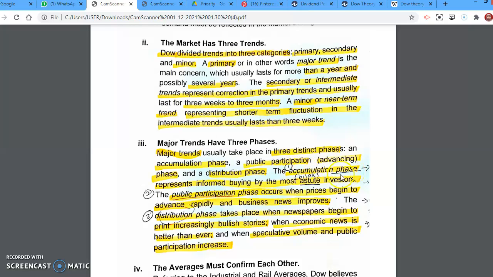Untuk accumulation phase, dia merujuk kepada keadaan di mana investors agak aktif buying and selling share. Okay. So it's stated over here, it represent informed buying by the most astute investors.